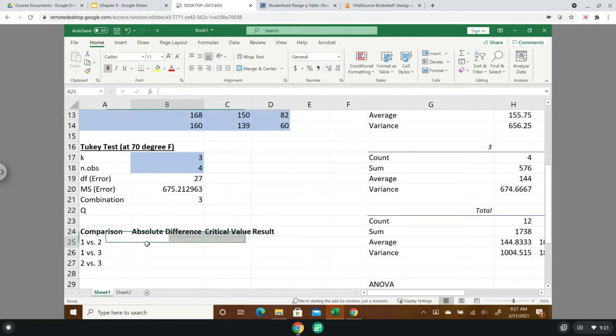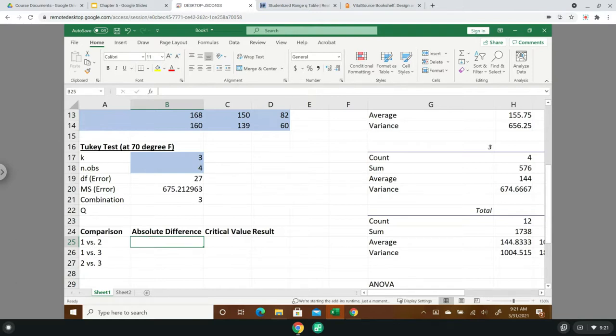And absolute difference is when we take the average of the four observations of battery life for material type 1 at 70 degree Fahrenheit, and we take the average of four different battery lives at material type 2 and 70 degree Fahrenheit. What's the absolute difference between those two averages, right?